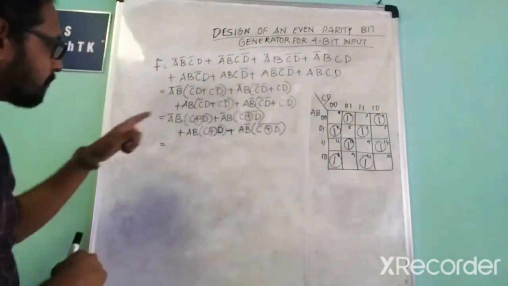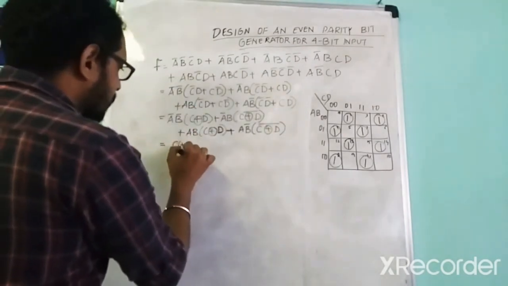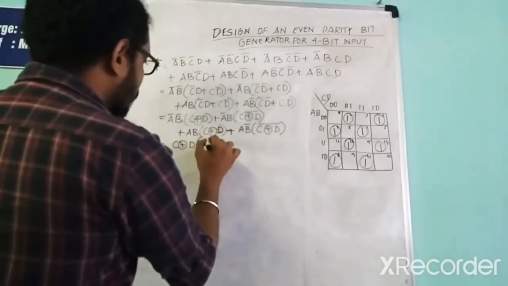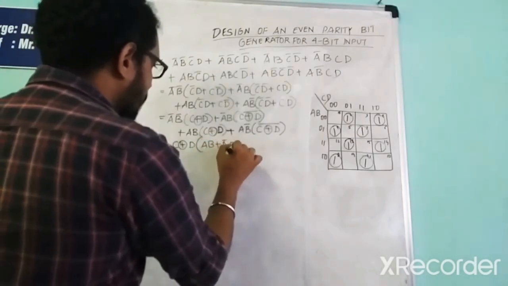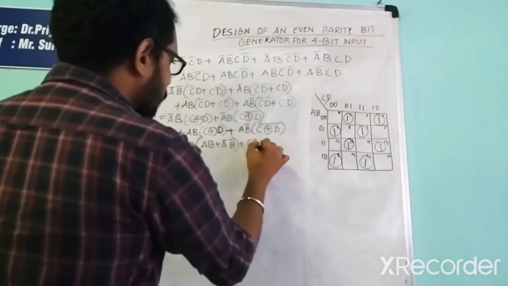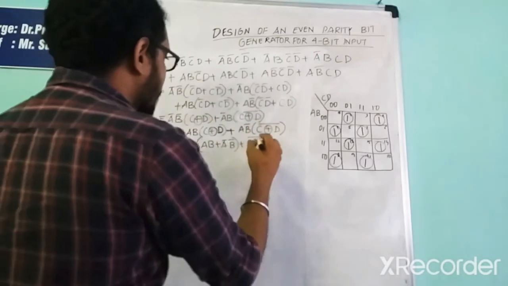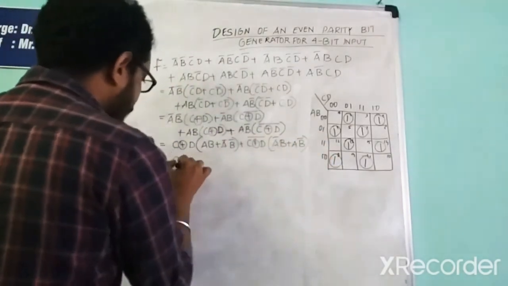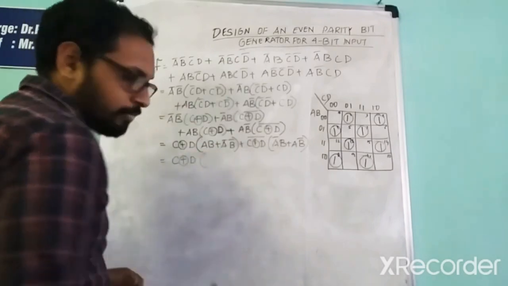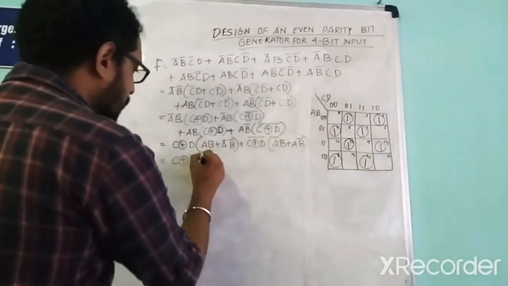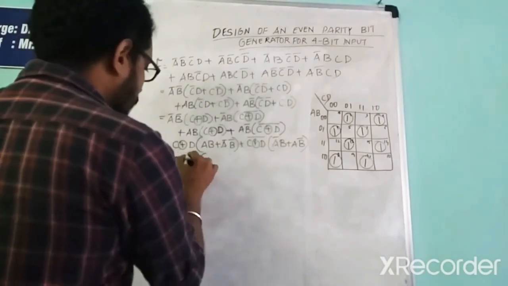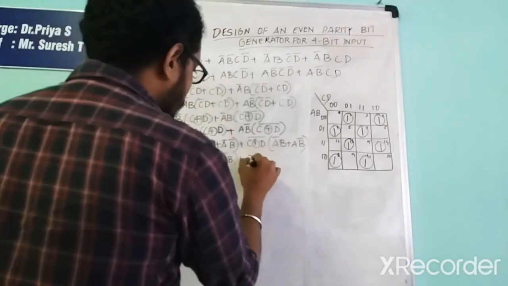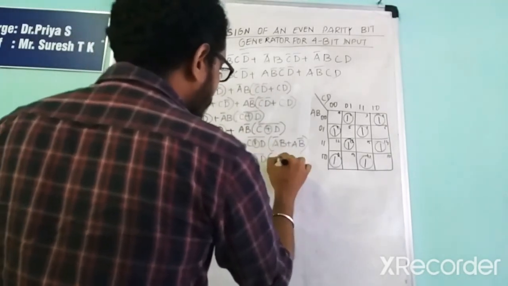Now taking these terms common, we get (c XOR d) into (a b plus a bar b bar)... wait, rather (c XOR d) into (a XOR b) the whole bar plus (c XOR d) the whole bar into (a XOR b).